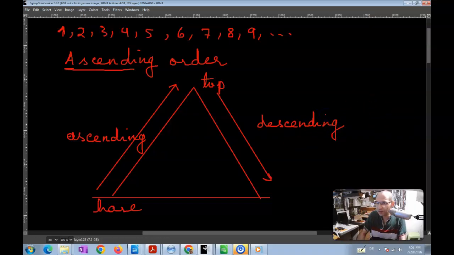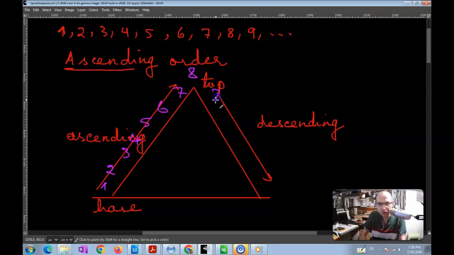And so when you're ascending, you're getting towards larger and larger numbers, meaning that 1 comes over here, 2, 3, 4, 5, 6, 7, and for example 8 comes over here. You are ascending, going towards larger numbers. And when you're descending, you're moving from the larger number towards the smaller number.